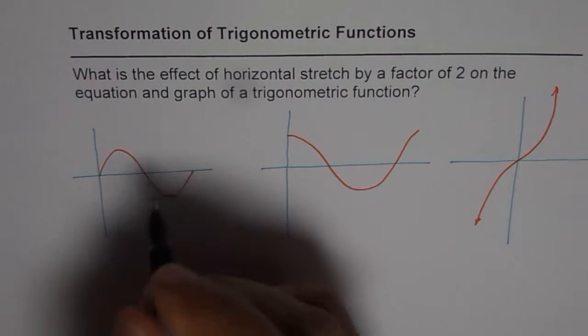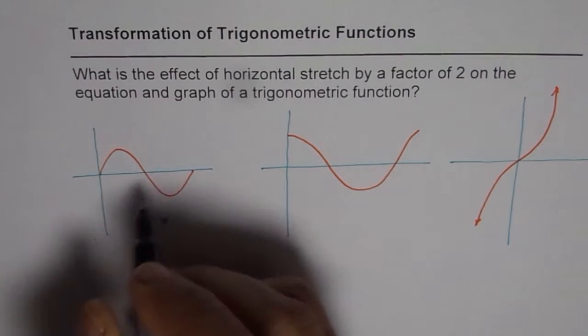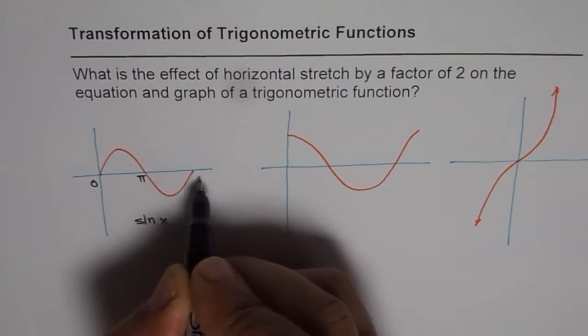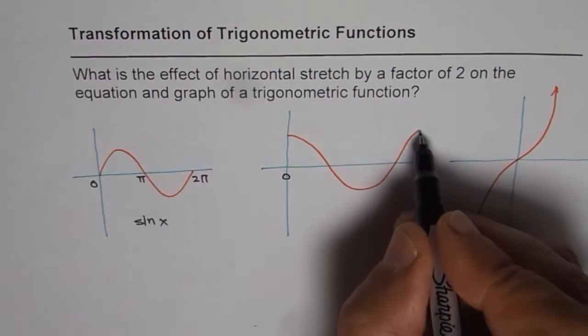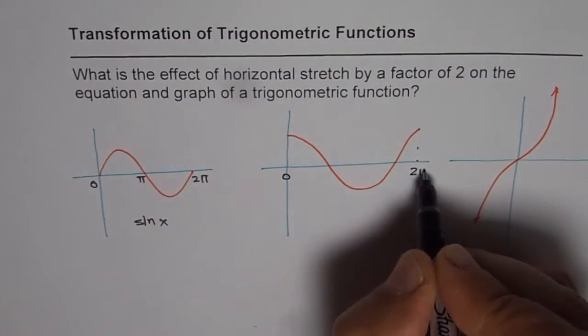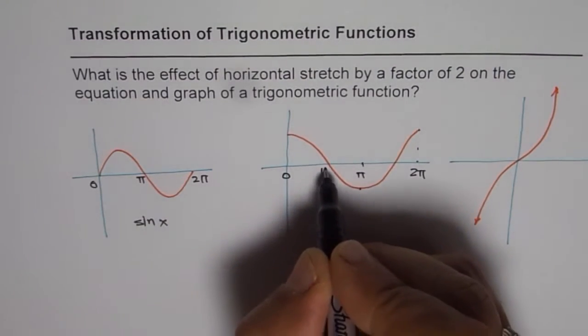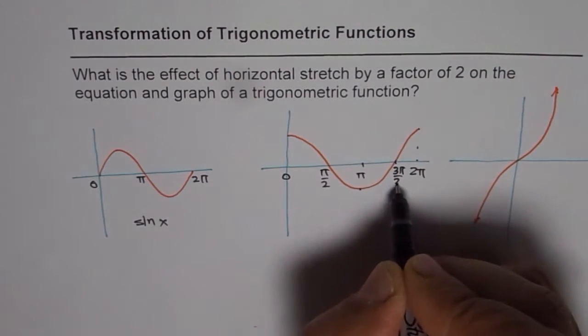Now the first one, as you know, is the sine function, right? Let's say sine x. So where the x values are 0, pi and 2 pi, right? So we are working in radians at present, pi, and this value here is 2 pi. So the value here is pi plus here pi by 2. Let me write these values also, 3 pi by 2, right?